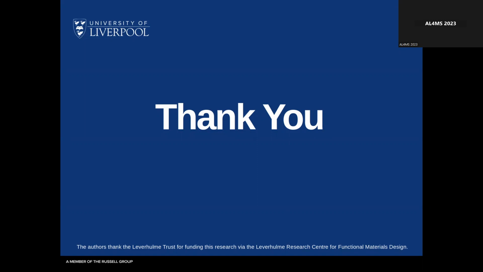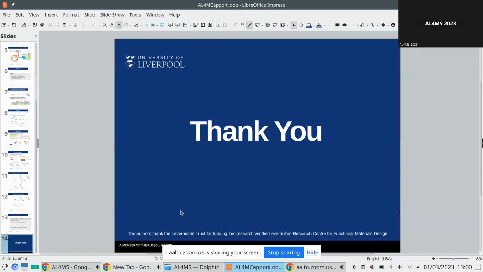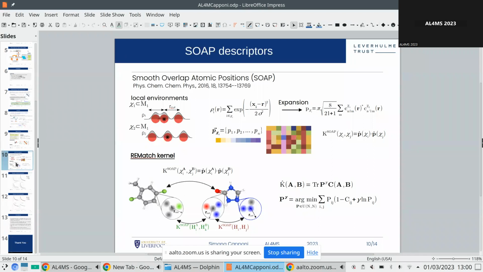But in order to compare with the other work, what is shown here is actually only 3, because we have to find a way to deal with the SOAP descriptor in a more feasible way. One thing that I didn't mention here is that the acquisition of the batch is sequential. You first sample one point with a normal sequential acquisition function, then you compute the determinantal points, adding a second one and then a third one.